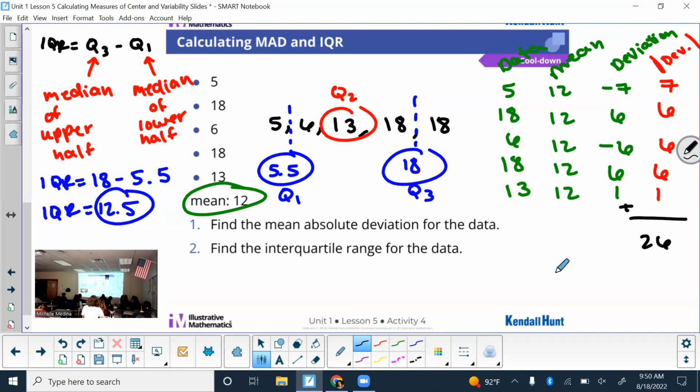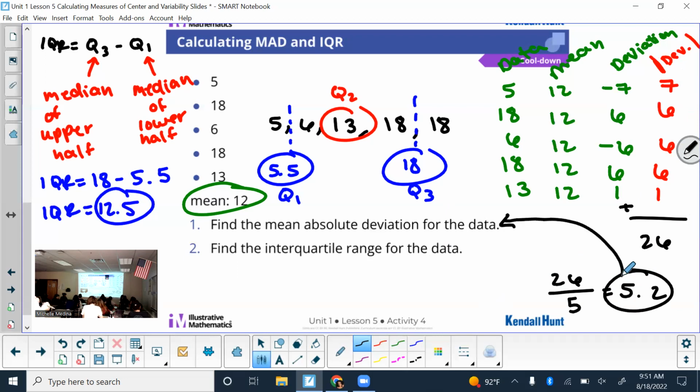And what will I be dividing by this time? 5, because I have 5 data values. This time I do need to use my calculator. And it is 5.2. Good. Questions? Anyone get it right the first time?